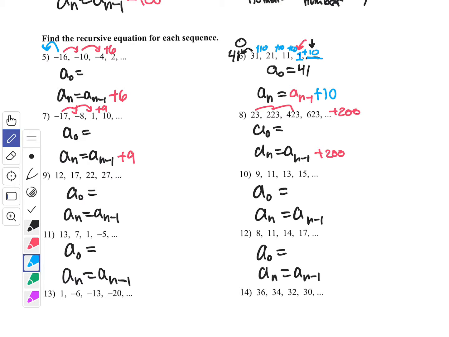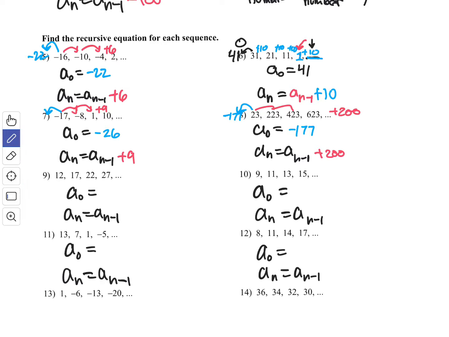Then for the start number, we just go back 1, and that would be negative 22 to start. We go back 1, it would be negative 177 to start, because negative 177 plus 200 is 23. Going back, it would be negative 26, and we'd add 9 to get negative 17. So that's really all that's happening here.